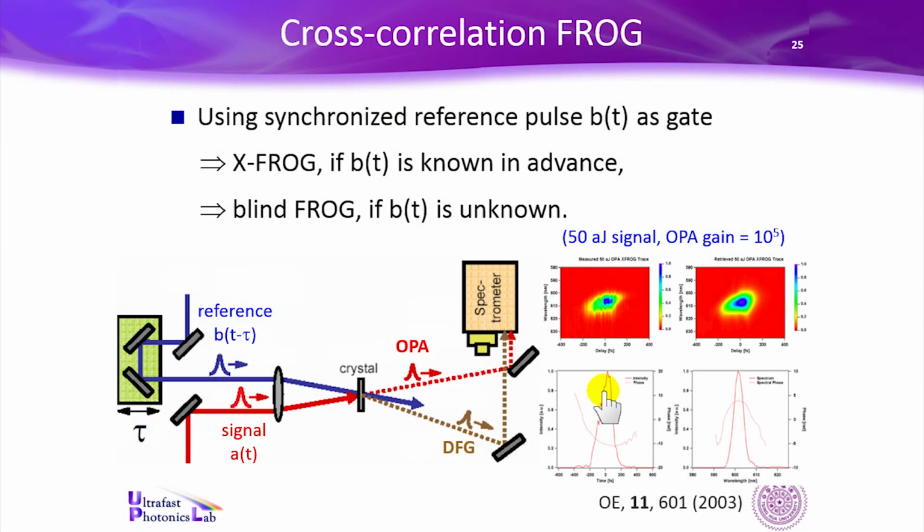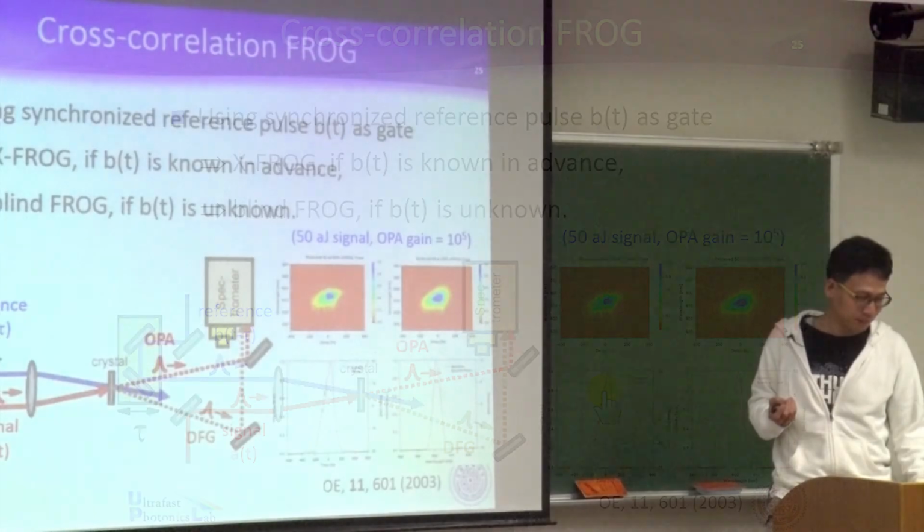Why is it possible? Why can we obtain both A of t and B of t simultaneously? It's still due to the data redundancy, right? N squared is still much larger than 4n. Not just 2n, 4n. It's still much larger than that. So data redundancy remains. You can have them both.